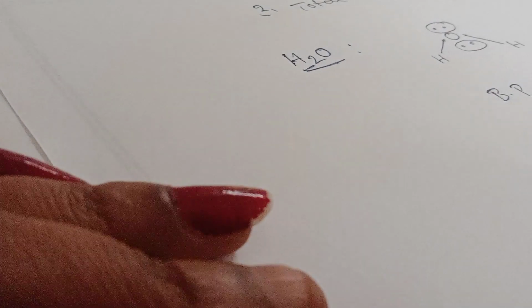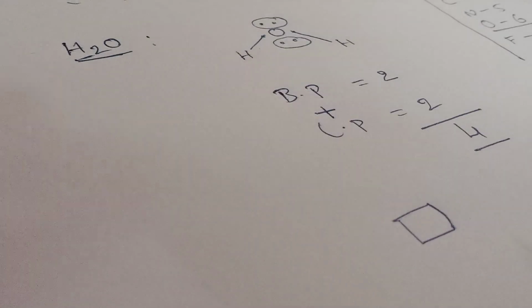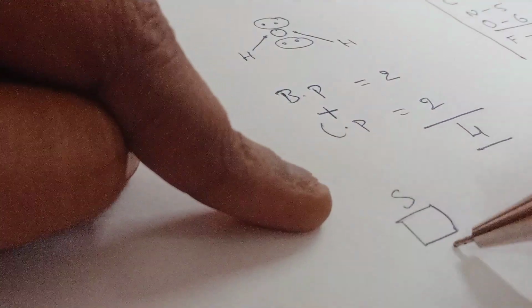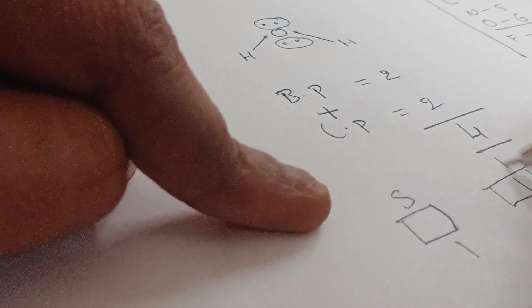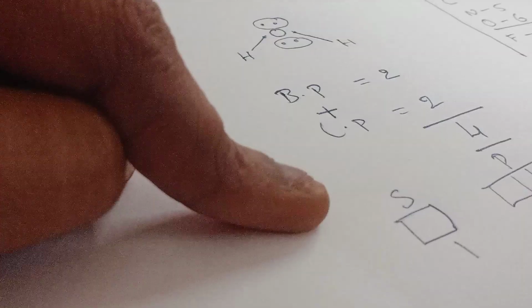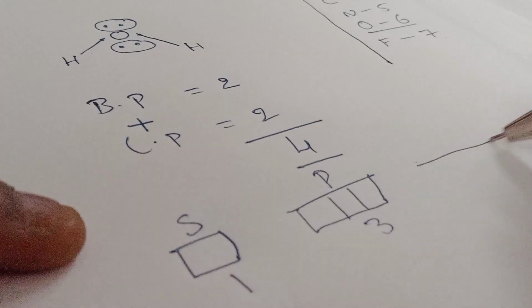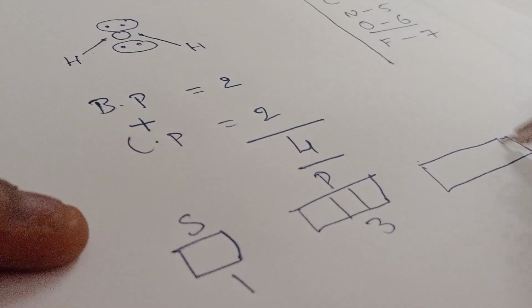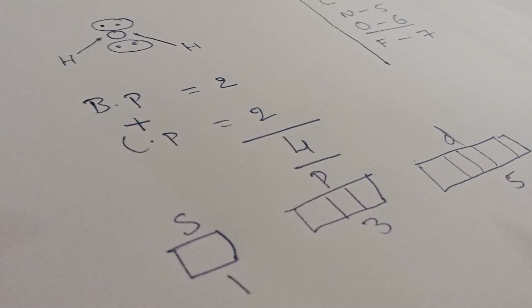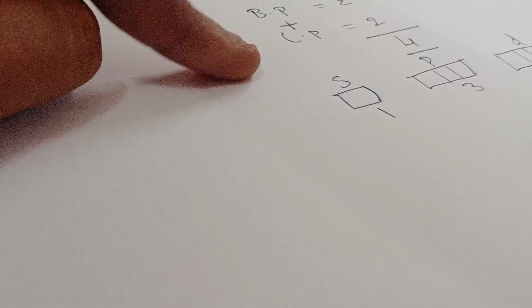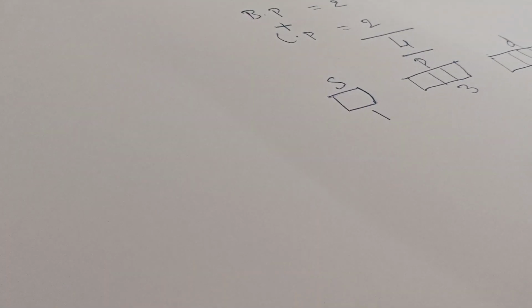How to write it? Here we already know that the s orbital has one subshell, p has 3 subshells, and d orbital has 5 subshells. Next, we can apply the hybridization process.